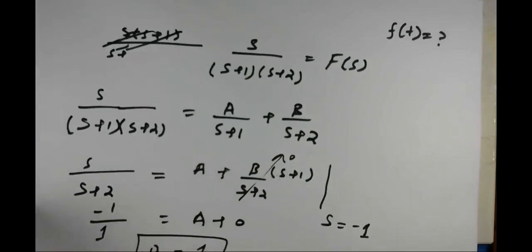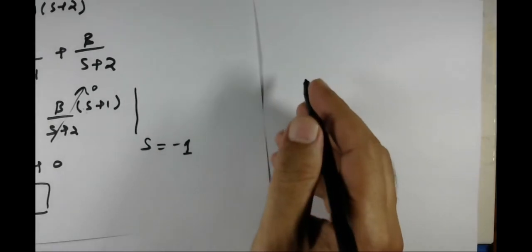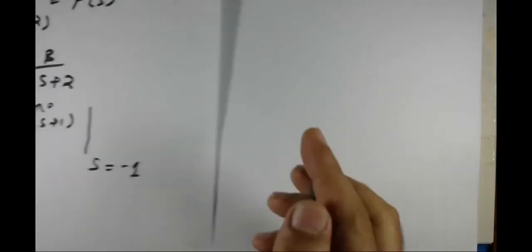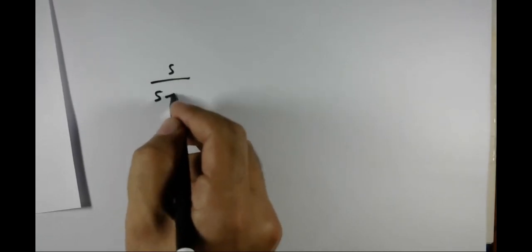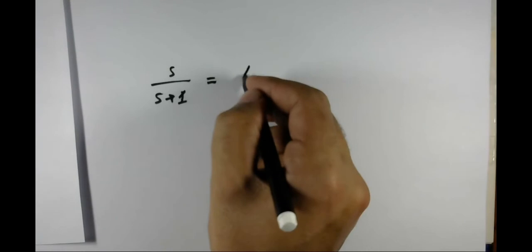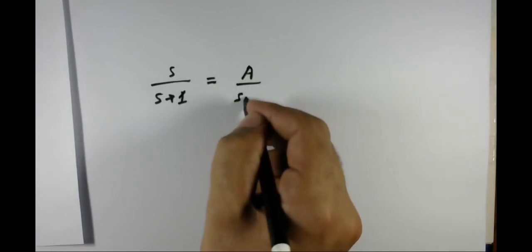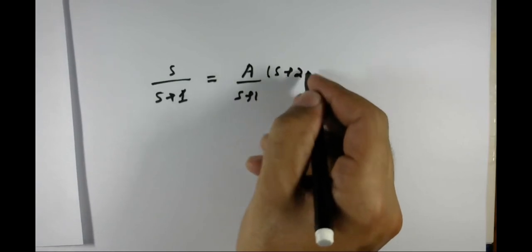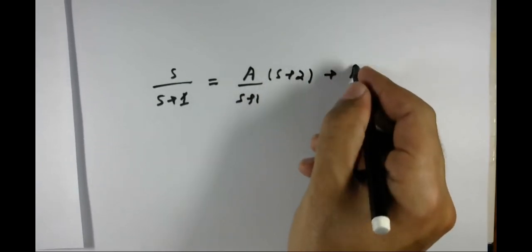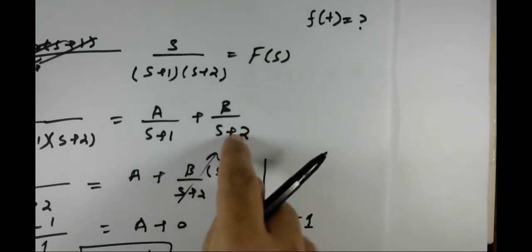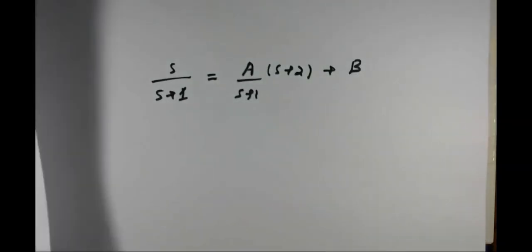Now for the value of b, I will do a similar thing, but I'll multiply this equation by s plus 2. What I'll get is s plus 1 equal to a by (s plus 1) into (s plus 2) plus b, because when I multiply by s plus 2, the s plus 2 will cancel out, so you will get only b.